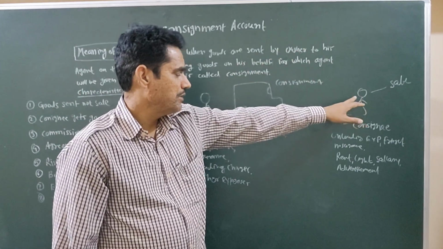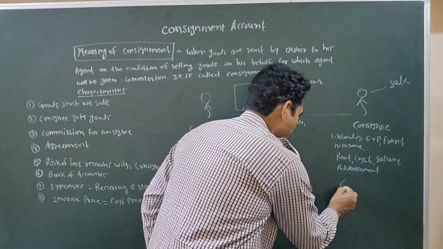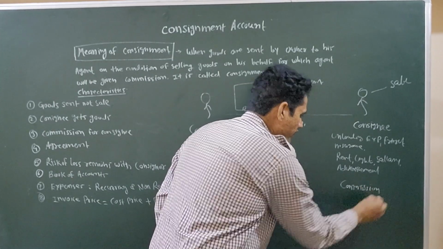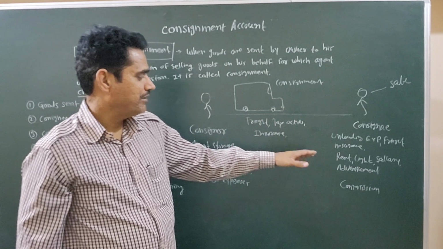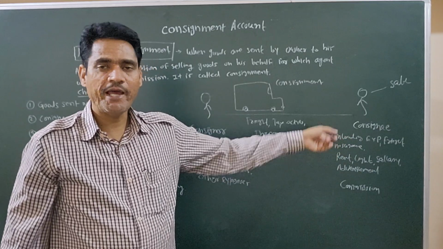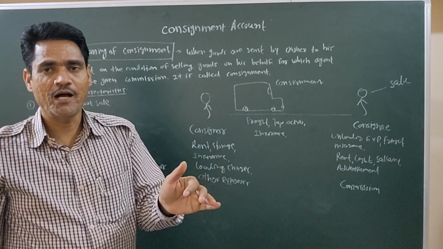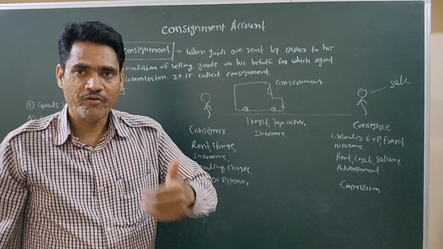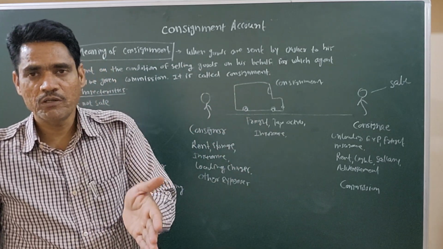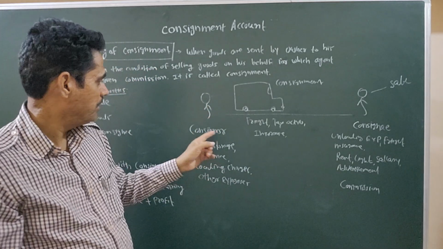After selling goods, the consignee gets commission. After getting commission, all expenses made by the consignee are deducted from the selling price, and the rest of the amount will be paid to the consignor.